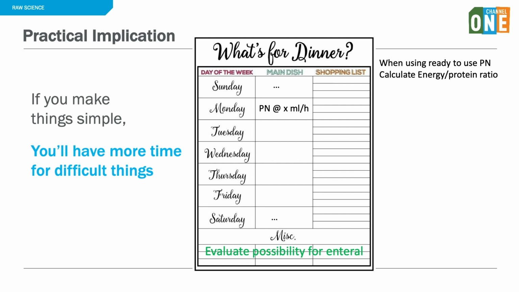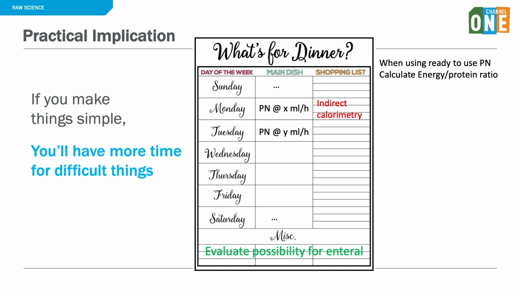So, for instance, if you have a patient that is admitted to your ICU that is critically ill, after 3 days, if he's not able to tolerate enteral nutrition, we start parenteral nutrition. We calculate the energy to protein ratio of the patient, and we match the best parenteral nutrition to that patient. We start at a certain amount.